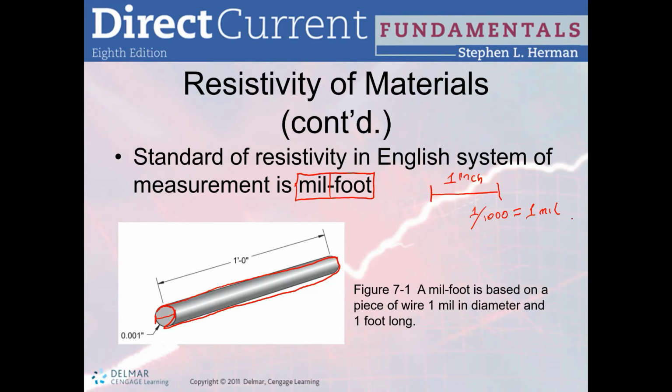If we take that conductor with a gauge of a thousandth of an inch, and then take a foot of that material and measure its resistance, we have found the K factor for that material, which is going to be a constant at 20 Celsius.